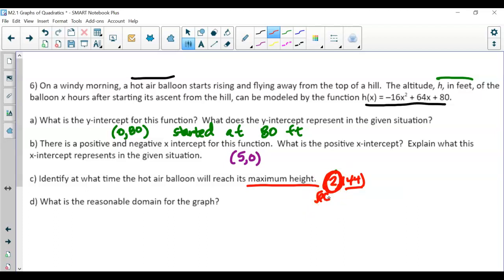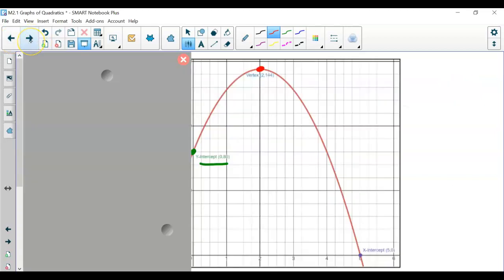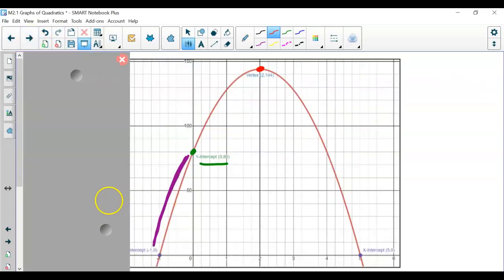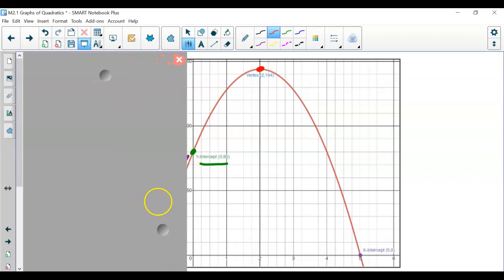So now what is the reasonable domain? Going back now to the purpose of identifying reasonable, right? Remember, we're talking about all x values. So technically, this graph covers all x values from -1 to 5. But again, does it make sense to include these negative values? Can you travel in negative time? No. So we're going to only focus on here.